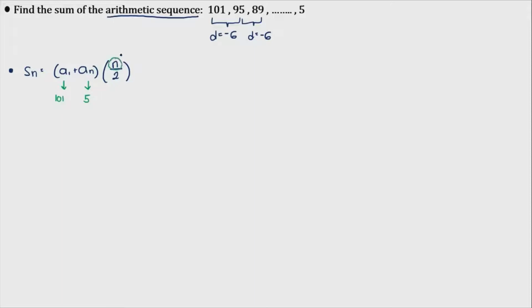Kaso, hindi natin alam kung pang ilan si 5. Paano natin malalaman? I-set up ulit natin yung isa pang equation na related sa arithmetic sequence, which is yung AN is equal to A1 plus common difference times n minus 1.